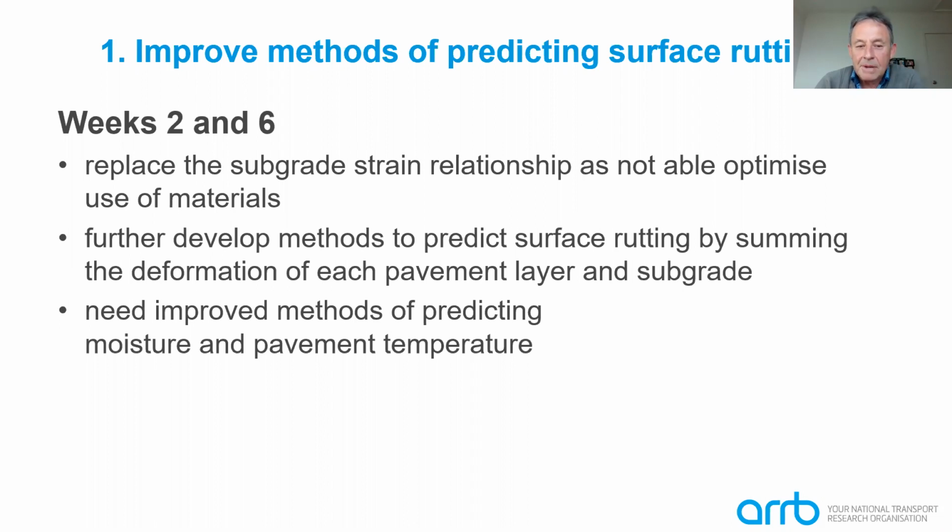We need a much better ability to predict those so that we can then predict the deformation. In terms of taking the deformation of asphalt into account, we need processes to estimate pavement temperatures, and there has been some work along those lines, and I think we're well advanced in that respect. So a significant challenge that remains is predicting the moisture content, the ability to predict surface rutting.